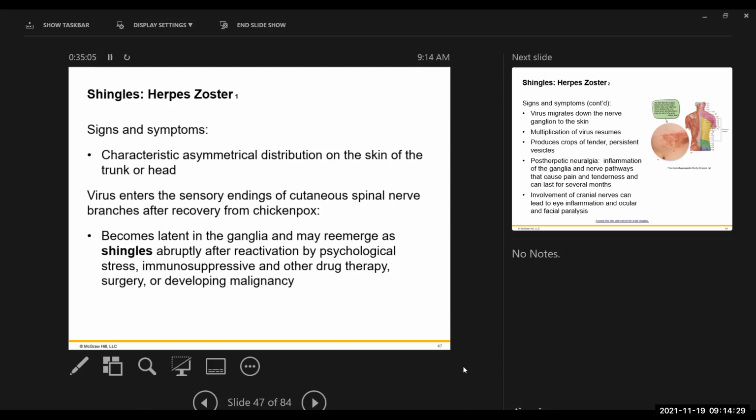However, the organism has the ability to take refuge in neuroganglia, so the dorsal root ganglia.